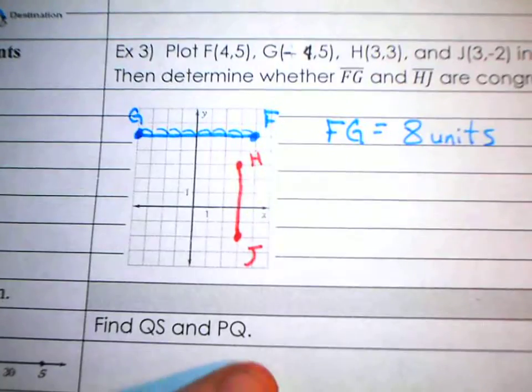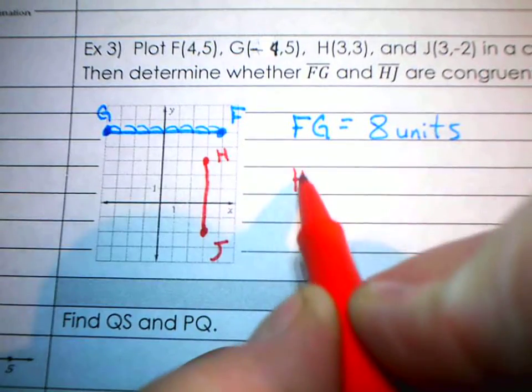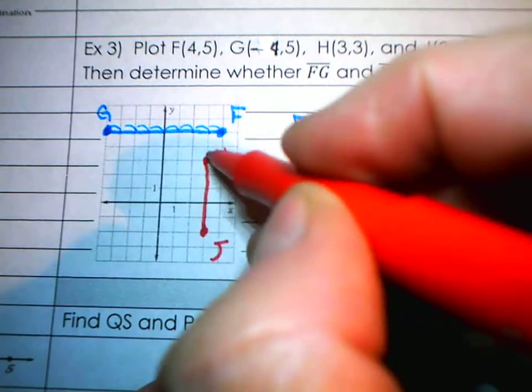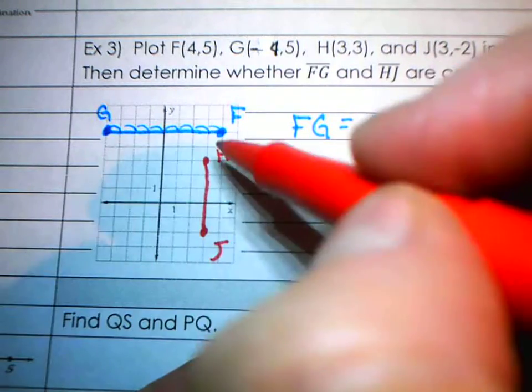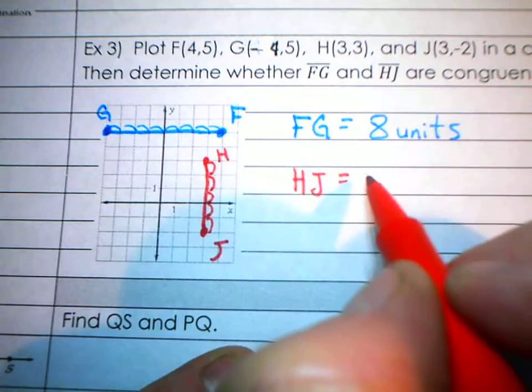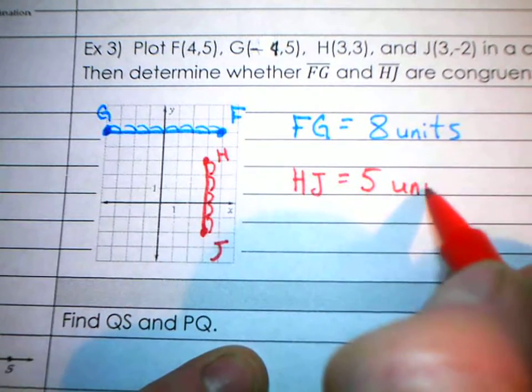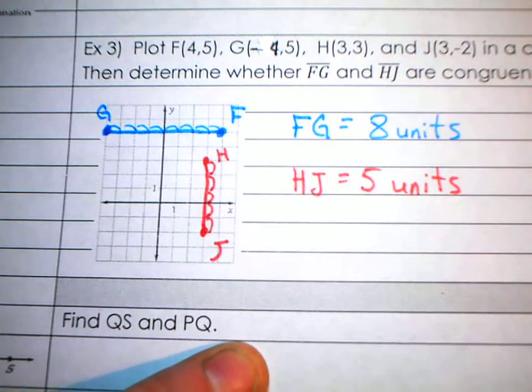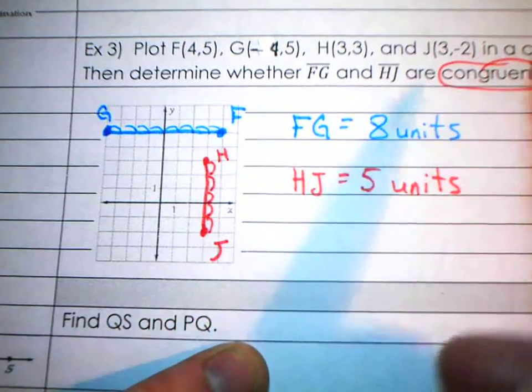And then HJ is a vertical line, so I can count this line as well. 3, 4, 5. I see that this one is 5 units long. Can I say that they are congruent?